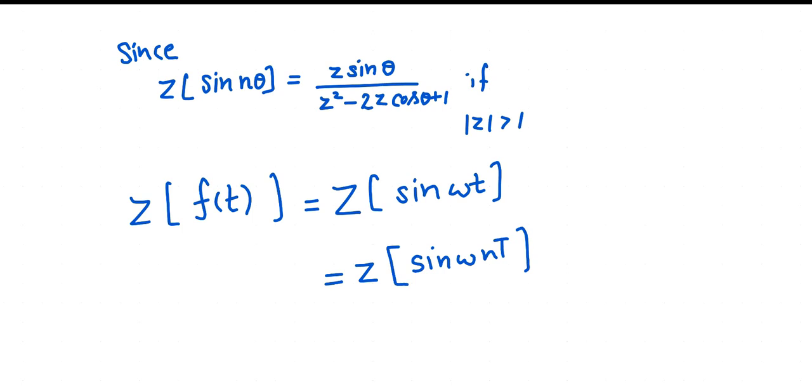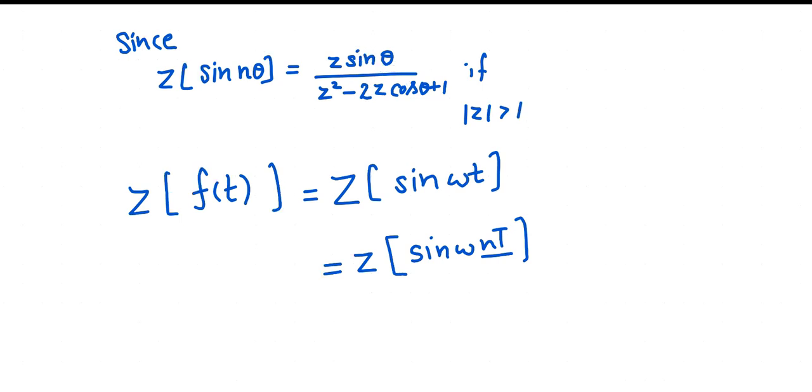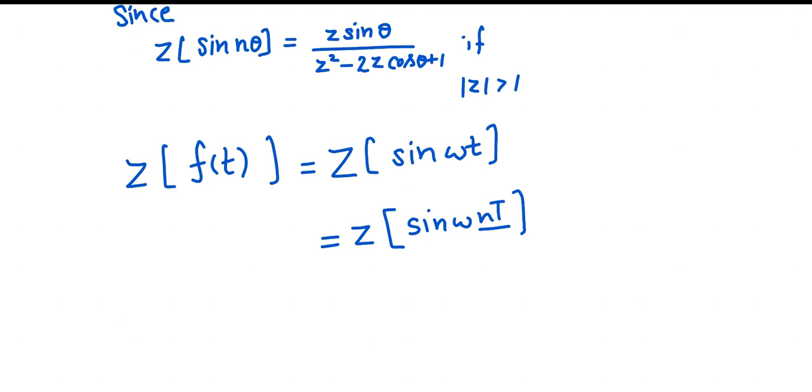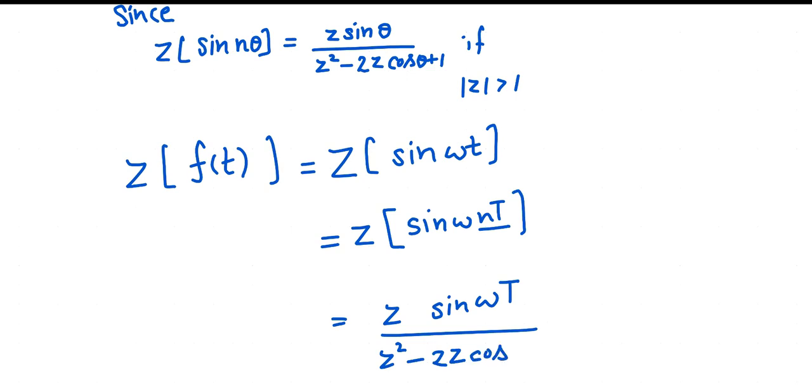But in the transform, we don't use n here. That is why we are using omega t only. So we have z into sine omega t over z square minus 2z cos omega t plus 1. You got?